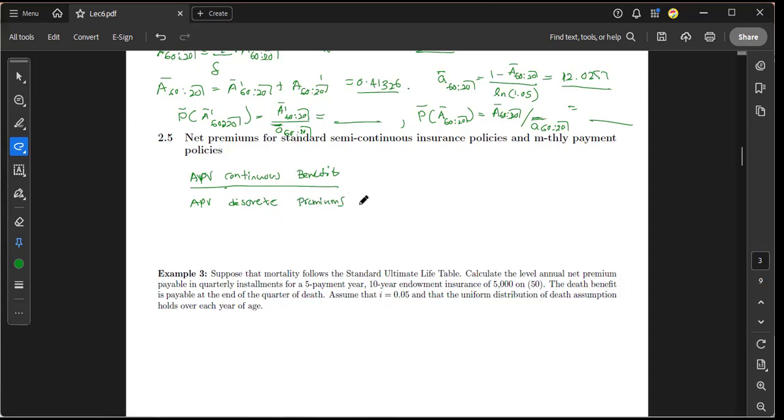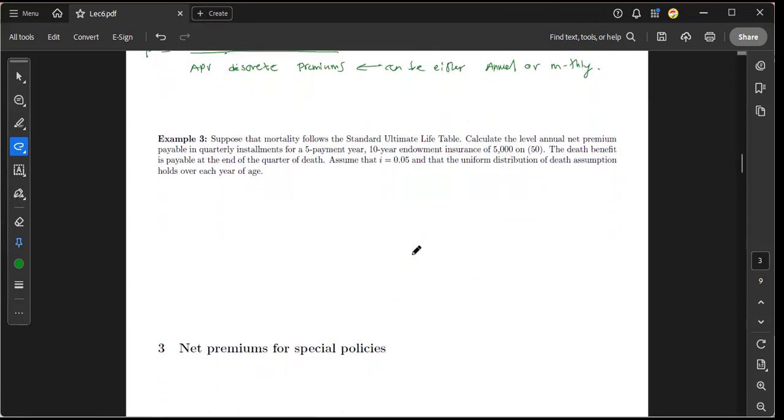These premiums can be either annual or monthly. So this is the premium. So that's the concept. If we go through this example, you will realize this concept.